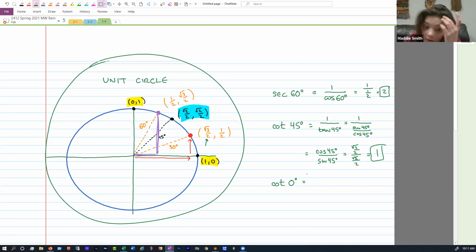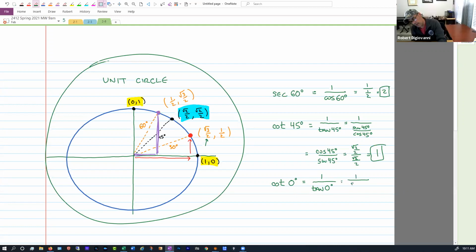That would be 1 over tangent of 0 degrees. Okay, so you want me to write that as 1 over tangent of 0. And then that would convert to 1 over sine of 0 over cosine of 0.